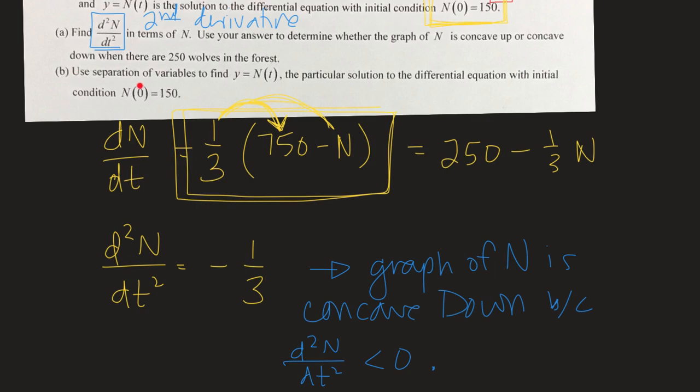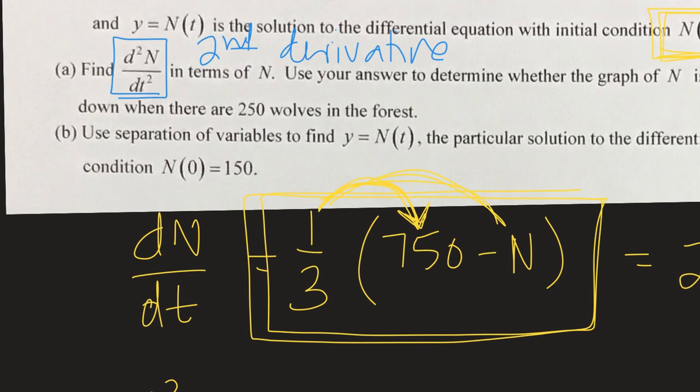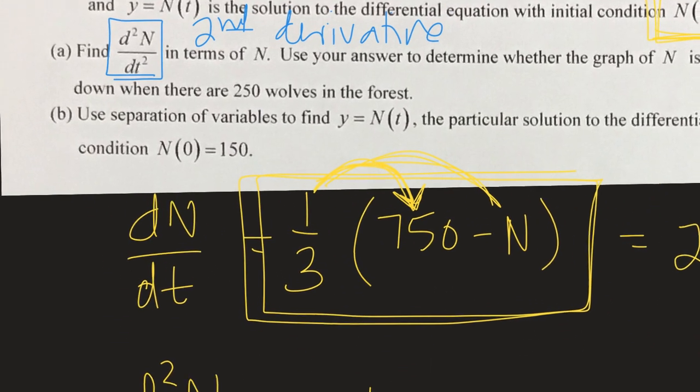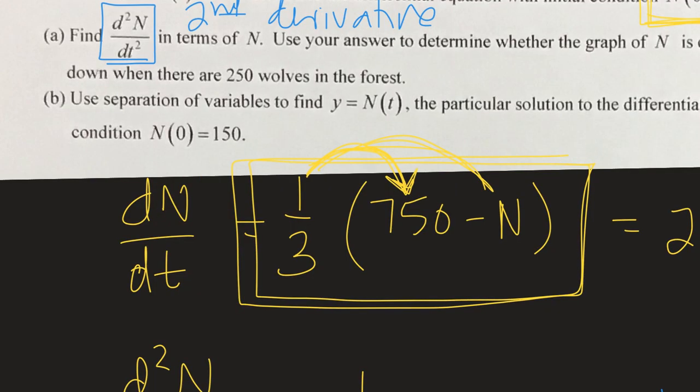Okay, so part B says find that equation with the initial condition of 150 wolves at 0. So we're going to come back up to here, and we're going to solve this differential equation for n. So we're going to separate our variables.